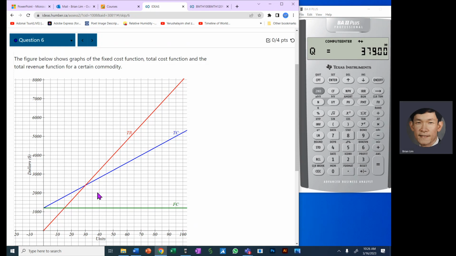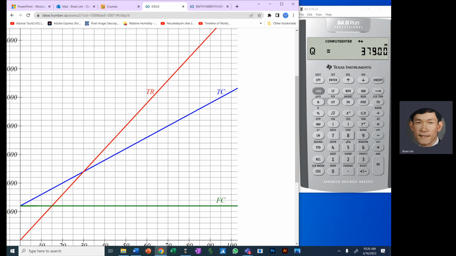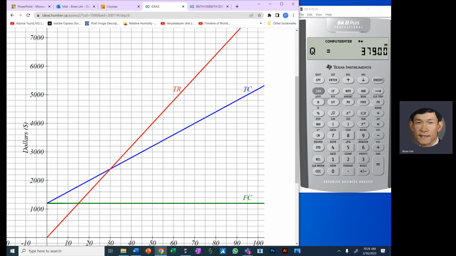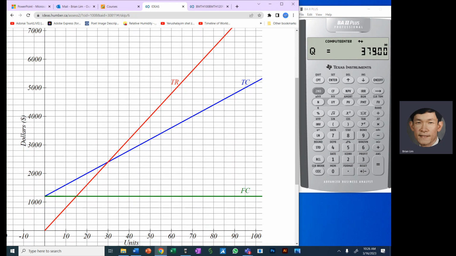The total cost line starts at the fixed cost because there is a fixed cost, and then you have the total variable cost added to that. So that is what brings this blue line in here, and this fixed cost is green. As you can see, if you'd like to see the lettering, that is how it is.